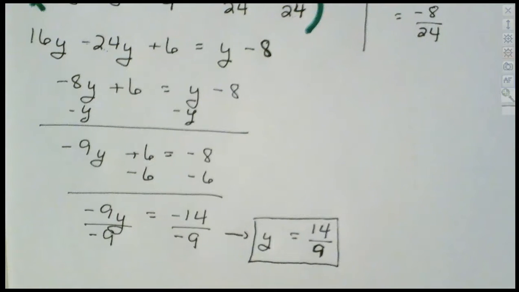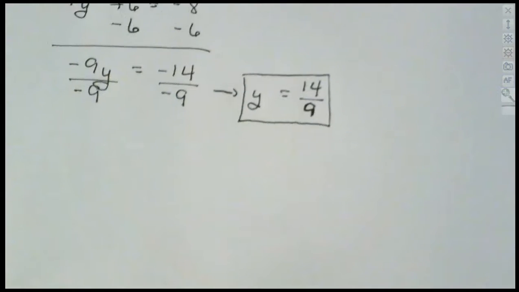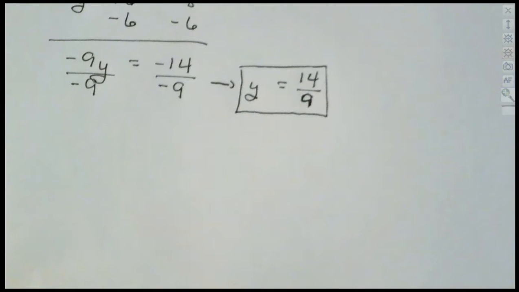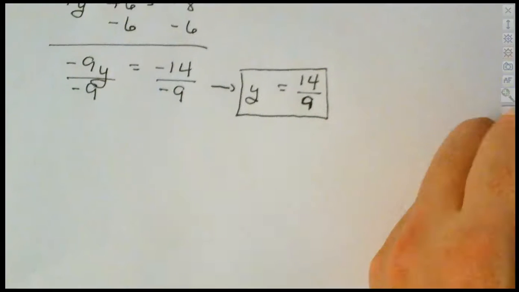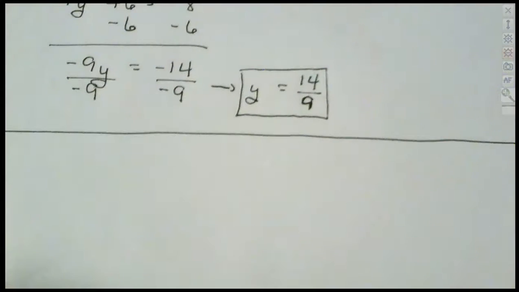So we distributed through, we combined like terms, then we cleared our fractions, then we solved it. And most of the time your answers will be whole numbers, but not always. So you can get a fractional answer like this one. That was question 11.